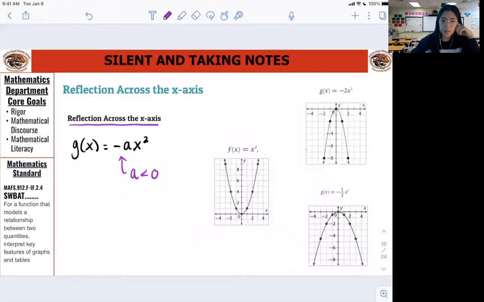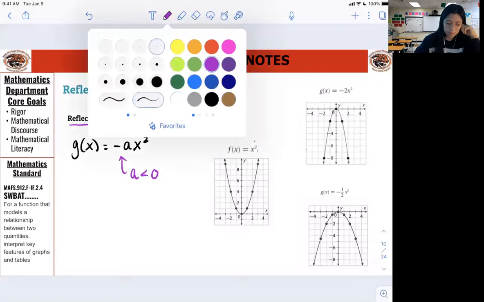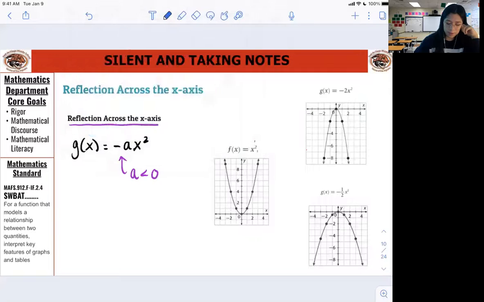So on both of these examples, we have two different things going on, just like we talked about. In this case, I have a reflection and a stretch.